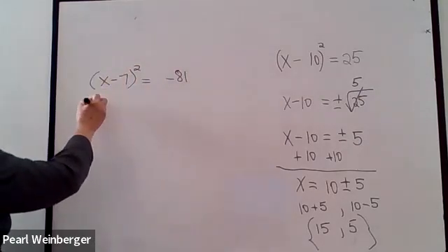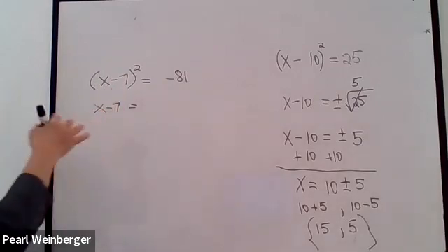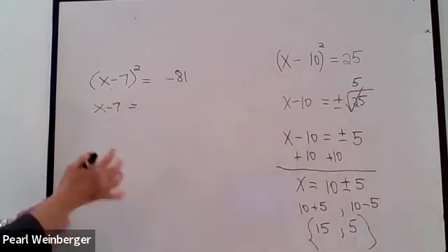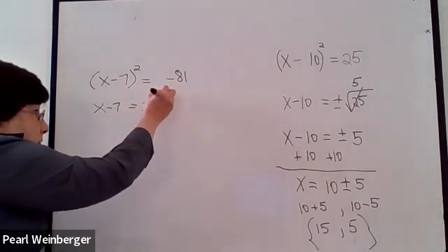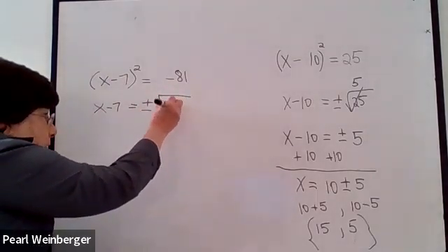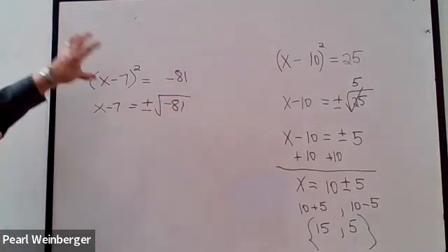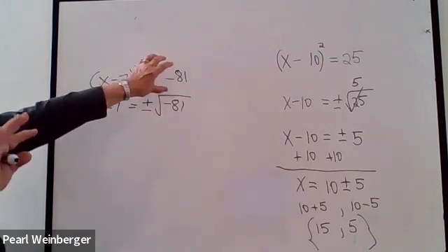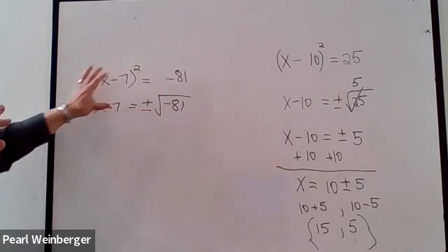Obviously, this side is just going to give me x minus 7. But the other side, I'm actually going to have to do the square root of. It's going to be plus or minus the square root of negative 81. Again, remember the steps. After you have something squared equaling a number, you take the square root of both sides.